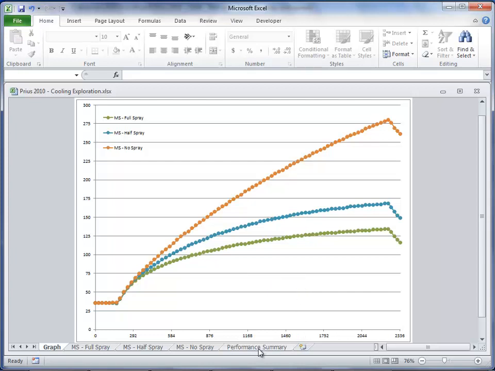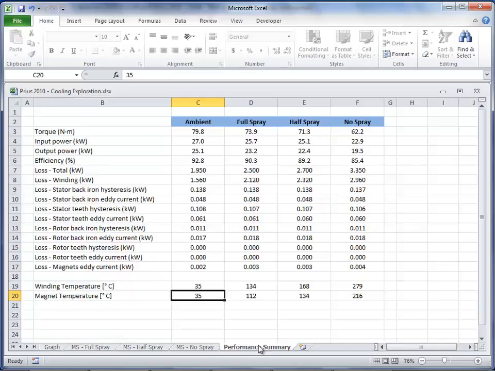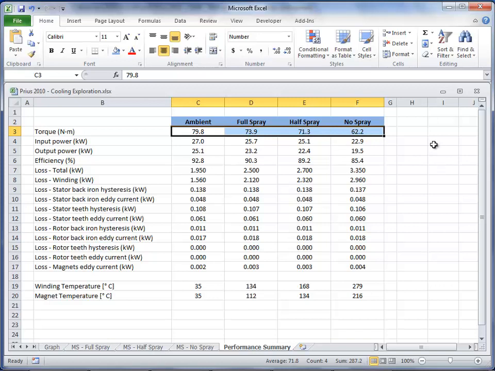As a further summary of the assessment that we've made with our machines today, I've tabulated the results for the different experiments, and you can see here the trend of the torque, where we started at 80 Newton meters ambient. In full spray after operation for 2,400 seconds it was 74 Newton meters.